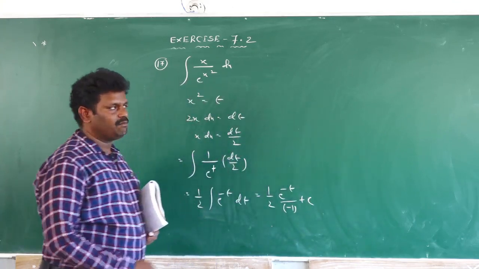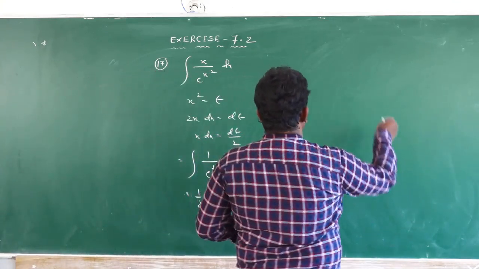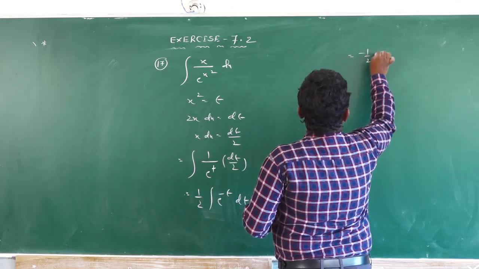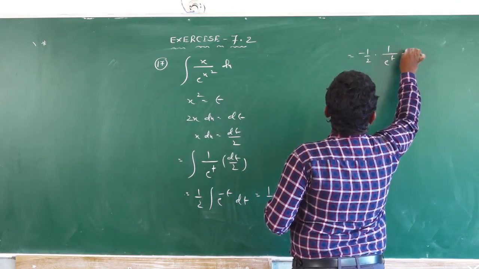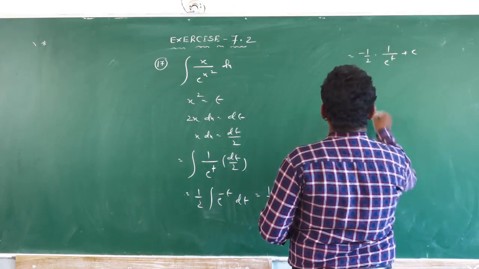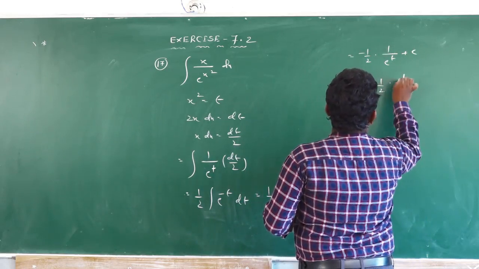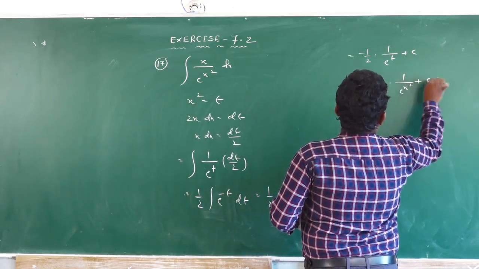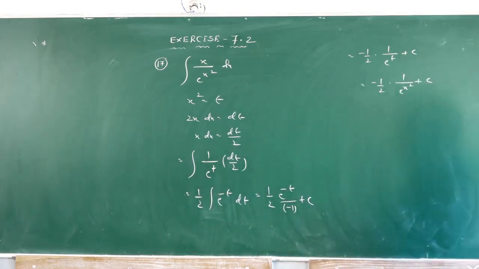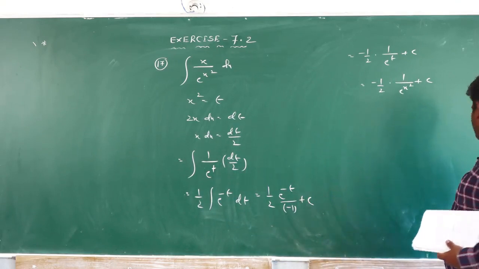Finally, that is minus 1 by 2 into e power t plus c, which is minus 1 by 2 into 1 by e power x square plus c. Okay? So that is the solution of the 17th one.